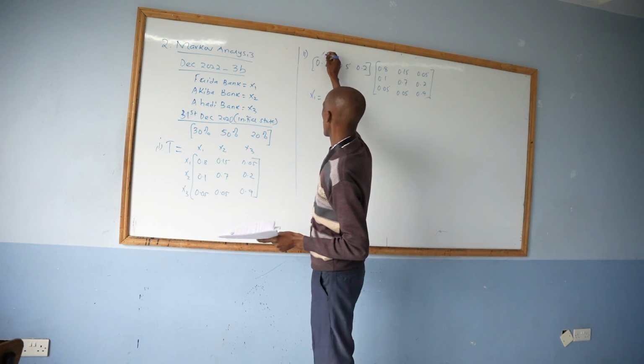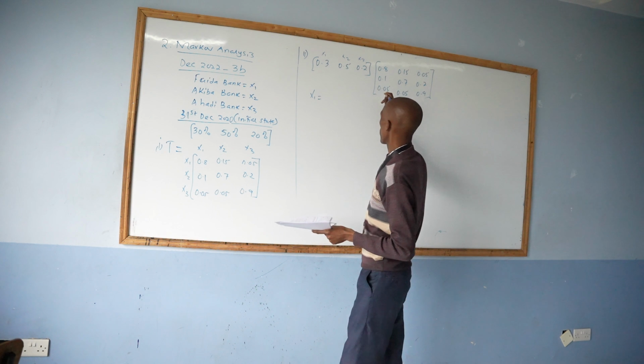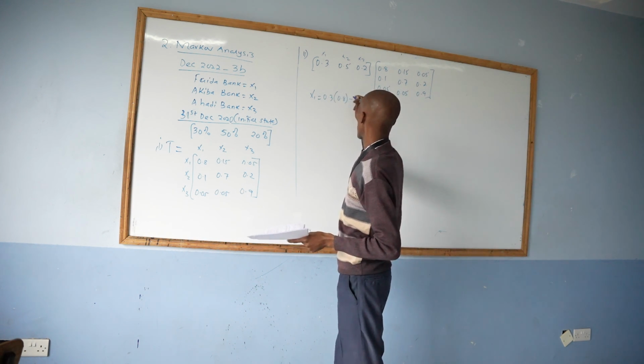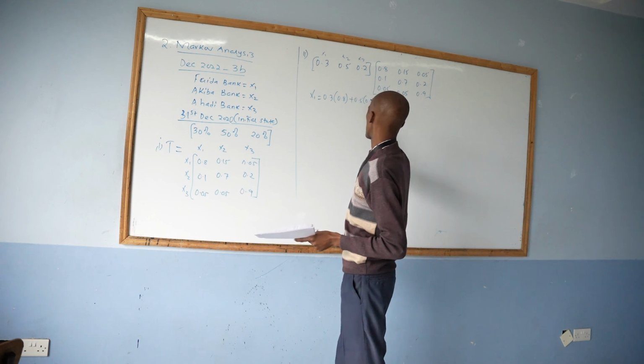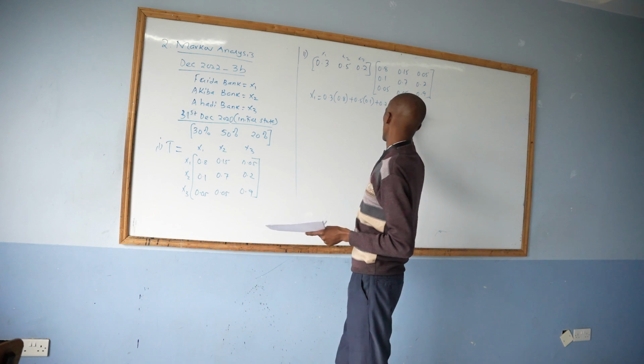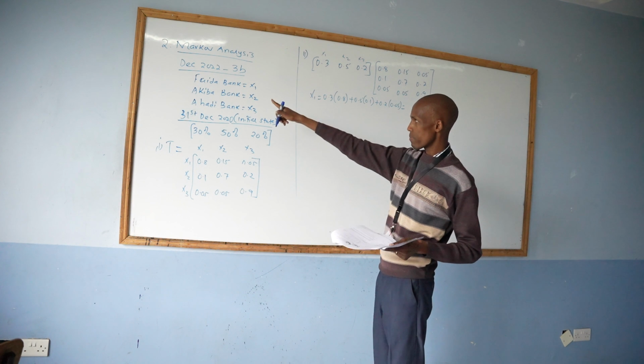Remember this is X1, X2, X3. So you take this and multiply by this. So for X1 you say 0.3 times 0.8 plus 0.5 times 0.1 plus 0.2 times 0.05. You get the answer for the first one. And remember X1 is Faida Bank.